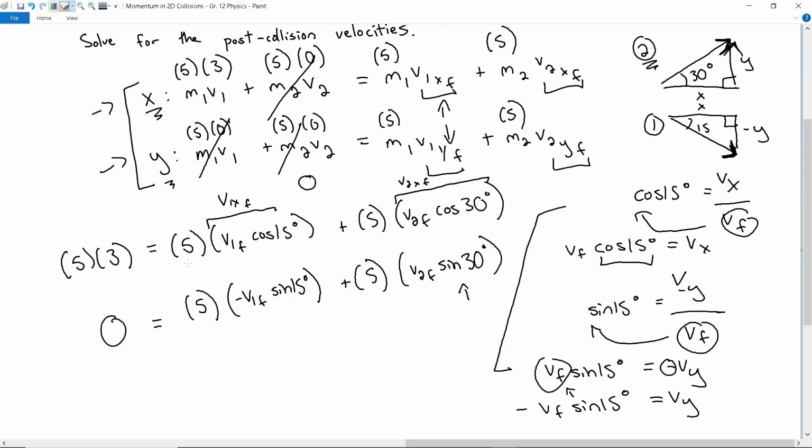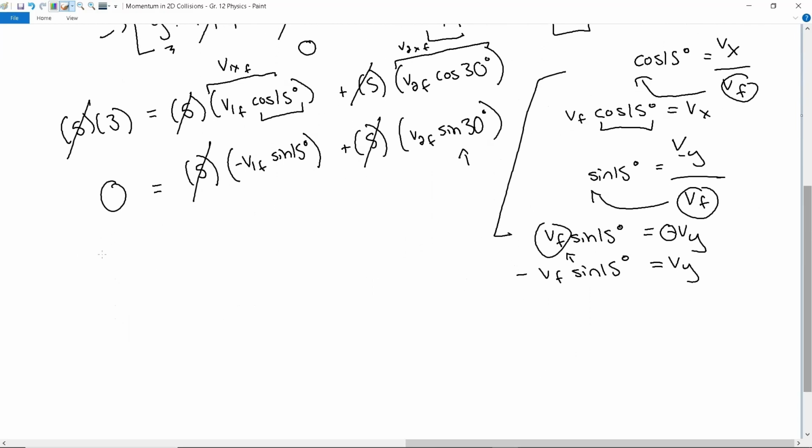Okay, I can simplify this by removing mass, because the mass of my first and my second object are the same. So I could technically factor out the 5 on both of these equations, and that will just keep things a little bit cleaner. And I also want to get a real number from these cos and sine values, because these are just numbers. So keep scrolling down.